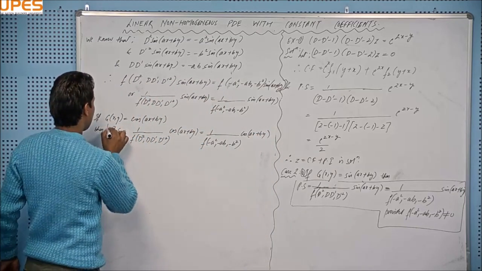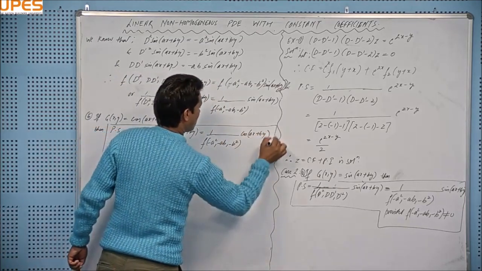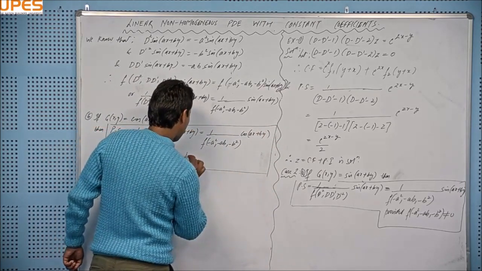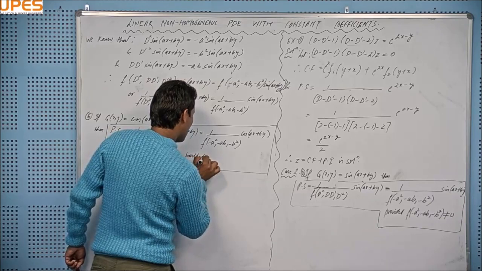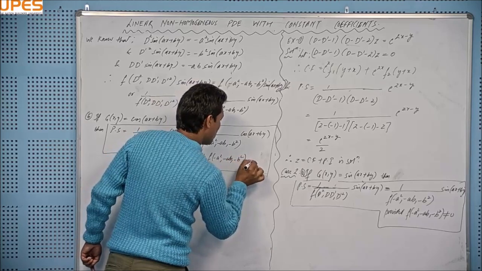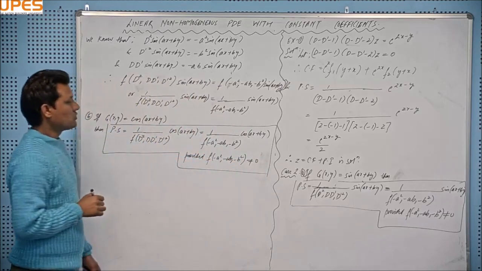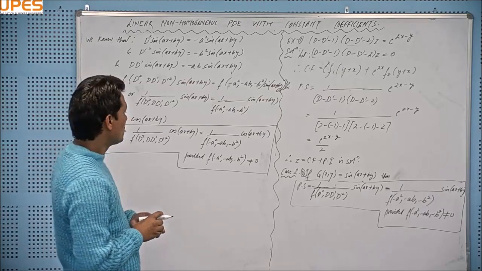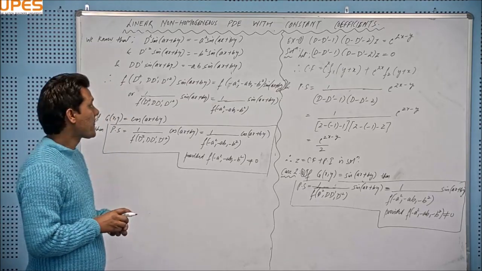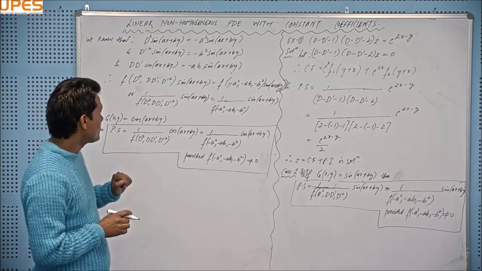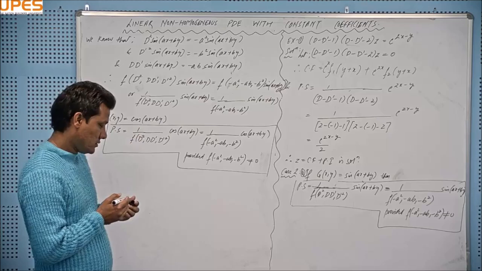And this is the same result with the same condition, provided the denominator is non-zero, that is, minus a square, minus ab, minus b square is not equal to 0. So the treatment will be the same, either a sine function or a cosine function.